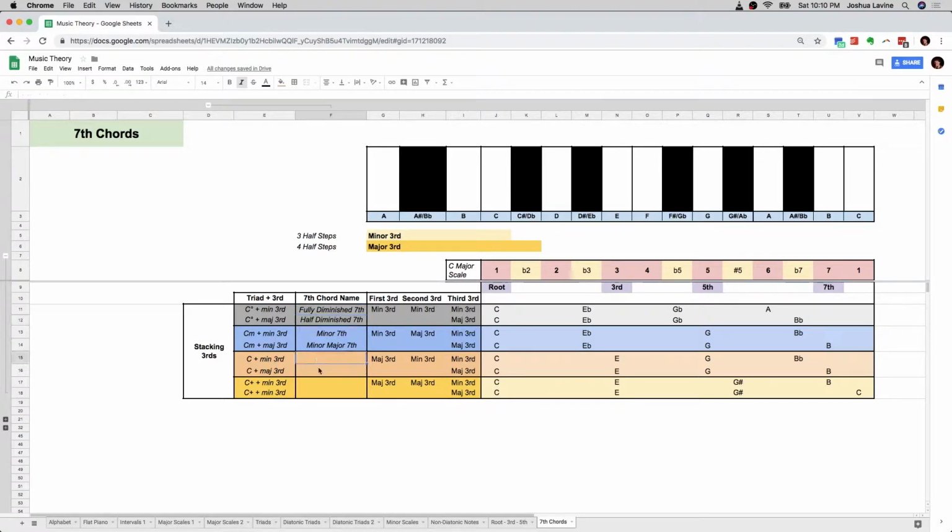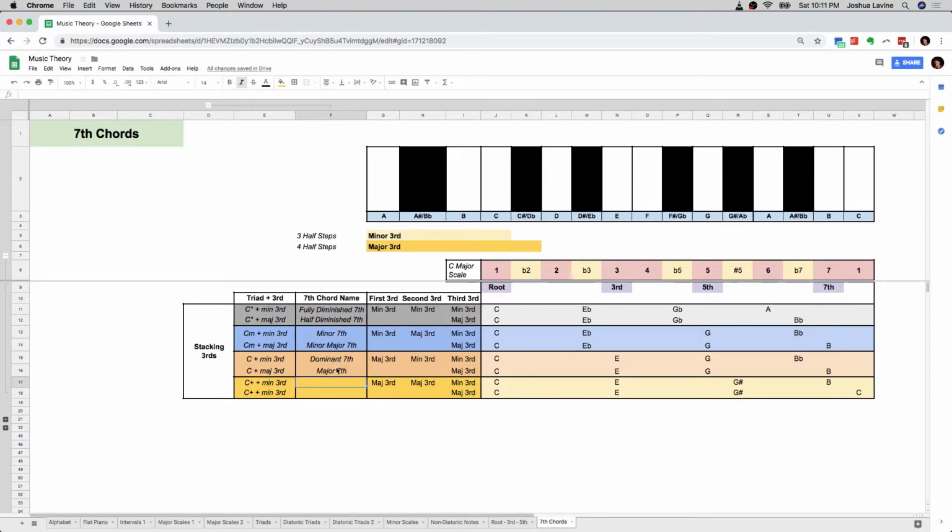Okay, we're about to come to two more very, very common popular seventh chords. The C major triad plus a minor third gives us the notes C, E, G, B flat, and this is called the dominant seventh. Very common kind of seventh chord. And the C major triad plus a major third, C, E, G, and B, this is going to be called a major seventh.